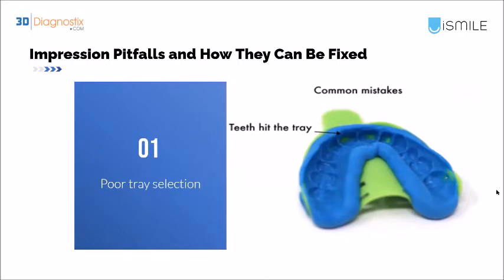However, once the impression is taken, the tray should not show through. As you can see in the picture, the green color indicates the tray which is shown through in the incisal edges or the incisal portion, which is not correct, and that will cause an incomplete detail of the incisor edges.